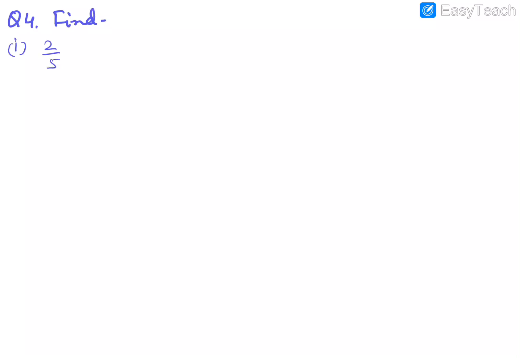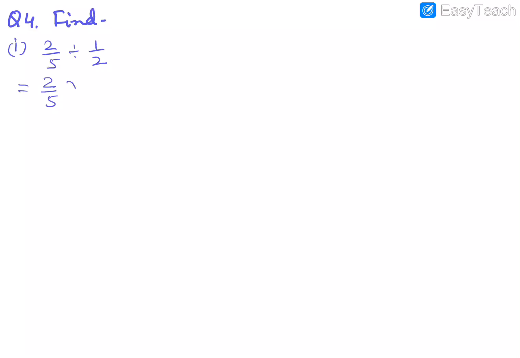2 by 5 is to be divided by 1 by 2. Apply the same rule, where we have to write the dividend as it is. 2 by 5 को वैसे ही रखेंगे.